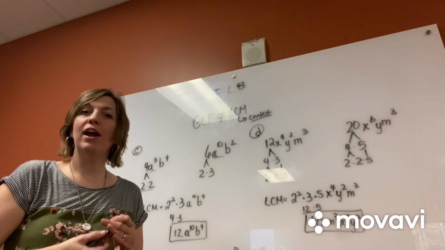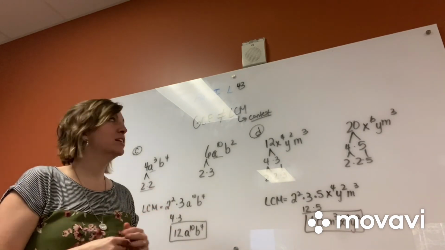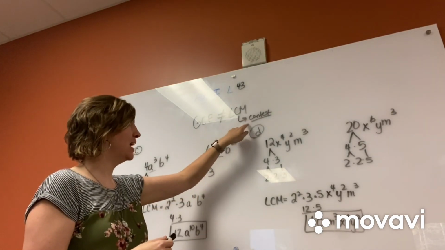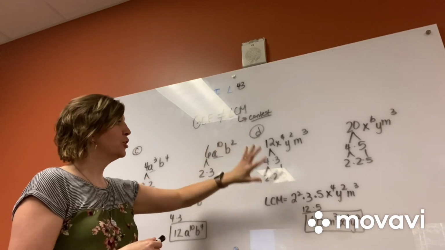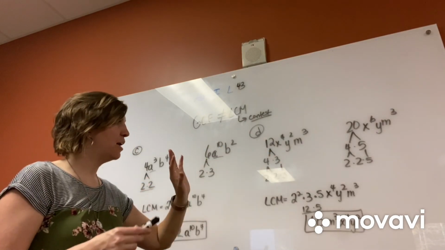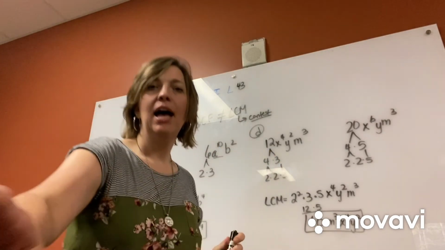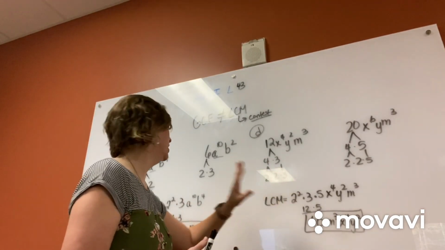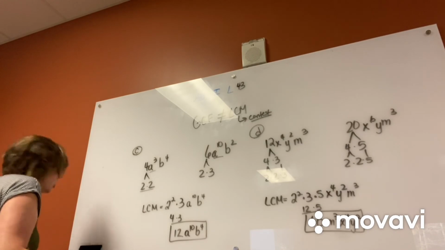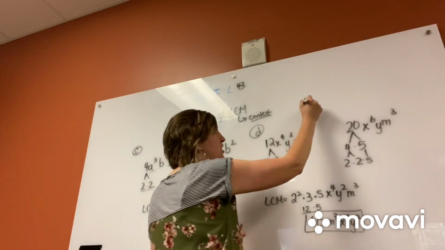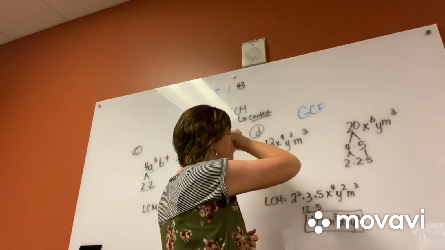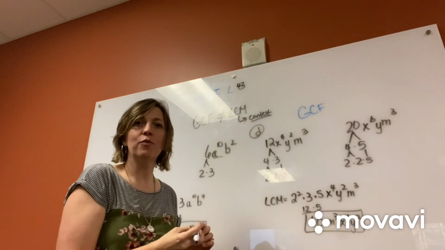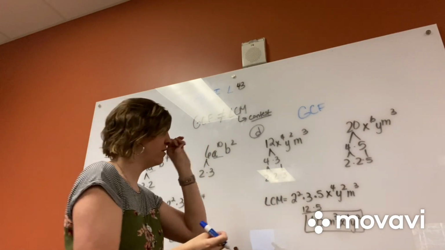So you guys did a great job, and I hope you enjoy this week having your contest with your least common multiple. Your greatest common factor, now please understand that this is not part of the question, but just so we keep straight what's the difference, let's find the GCF of letter D, even though that's not required, just so you can see the difference.